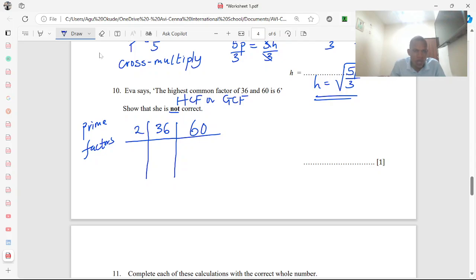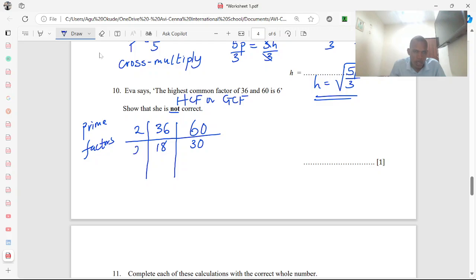Don't forget, any number I use here must be a factor of 36 and 60, that is, it must divide 36 and 60 without remainder. If I divide 36 by 2, I have 18, and 60 by 2, I have 30. No remainder, so it worked.